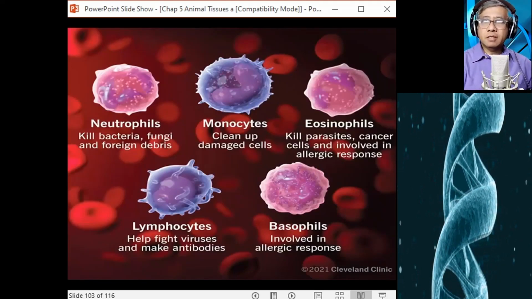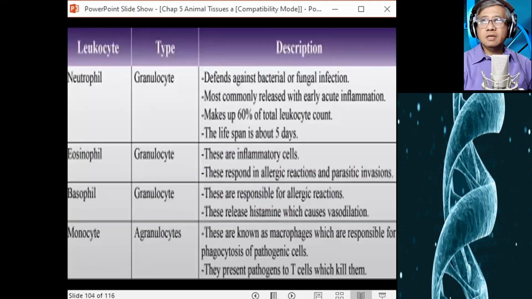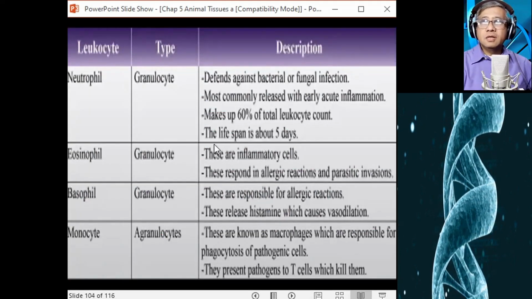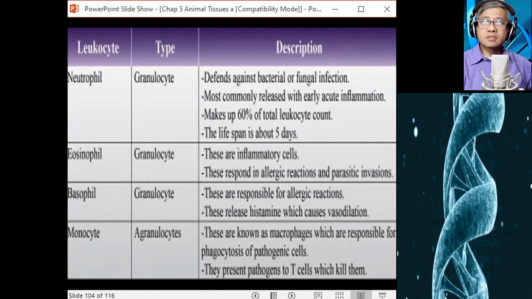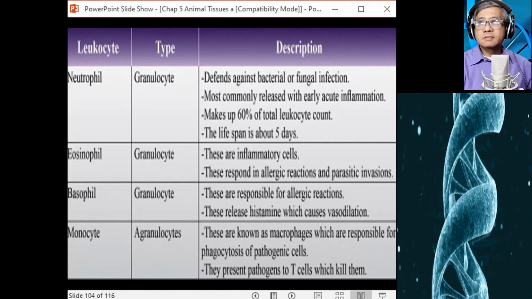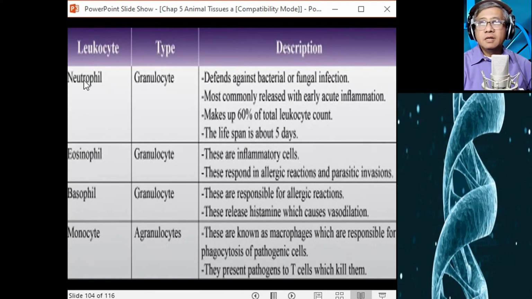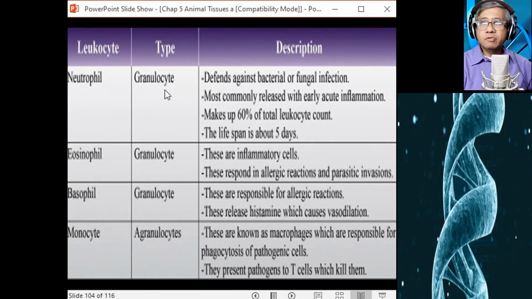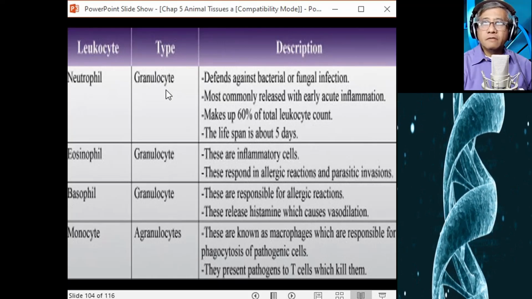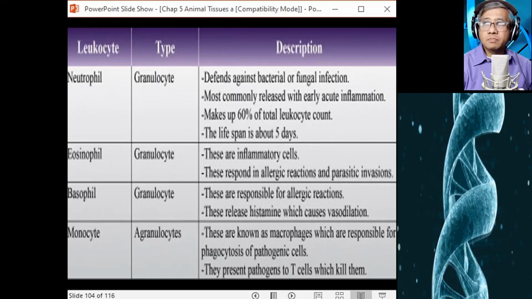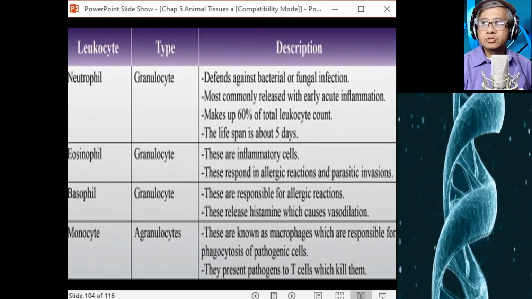Okay, so para maging detailed tayo, here is a table that shows the description, type, and function of these leukocytes. Alright, so first we have neutrophil. Neutrophil is a type of granulocyte, and the function of the neutrophil is to defend the body against bacterial and fungal infection.